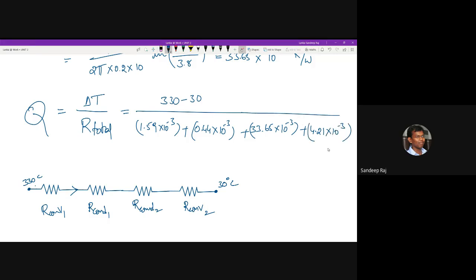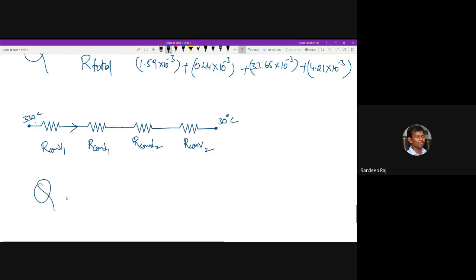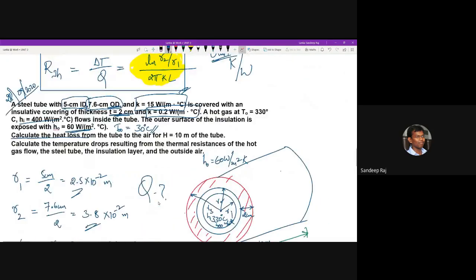So these are the values that you are going to substitute here, and then you will get the Q value. Tell me what is the Q value. 7452.69 watts. Good. That will be the Q value. That's what he's asking you to find in the question. So you're done with that.